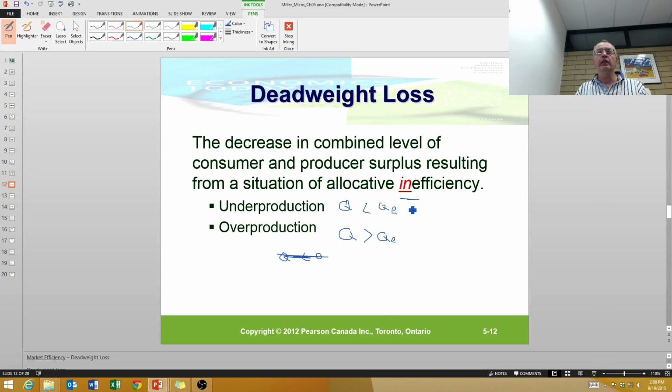And in either one of these situations, we have deadweight loss. And if we have deadweight loss, we're not at the point of allocative efficiency on our production possibilities curve.